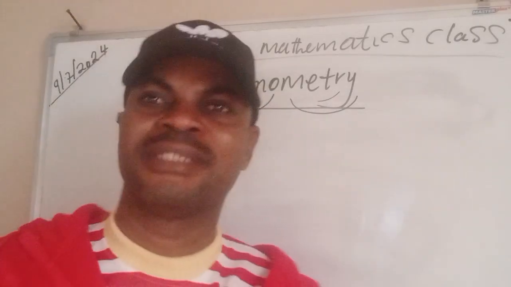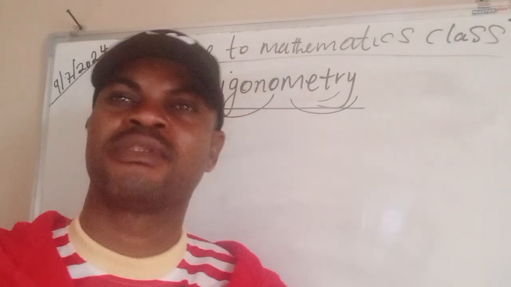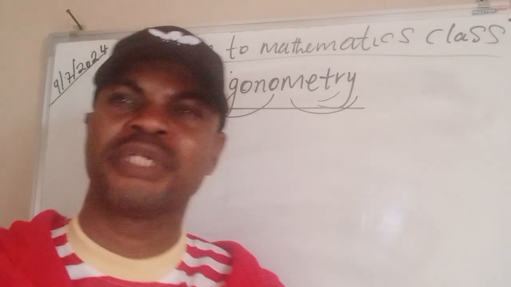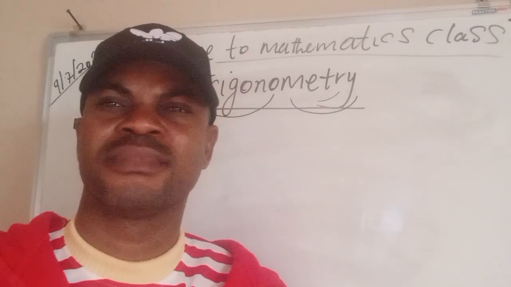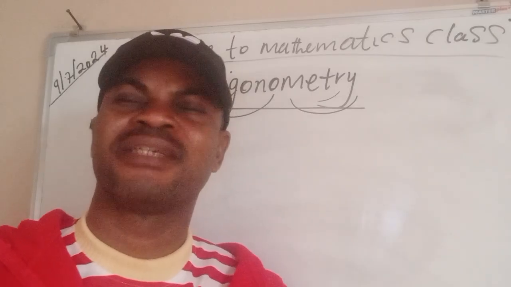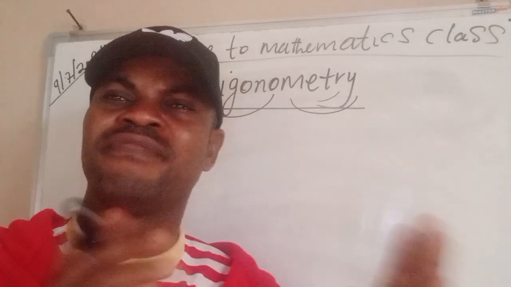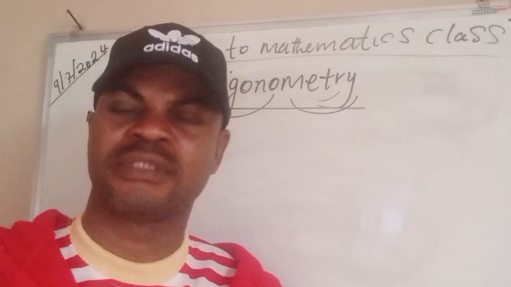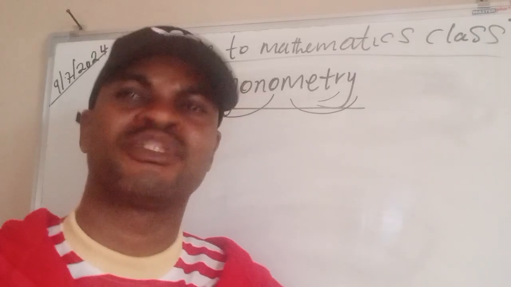But in a more broad, standard definition, it is simply a branch of mathematics that studies the relationship between the various sides of the triangles as well as the angles of the triangle.